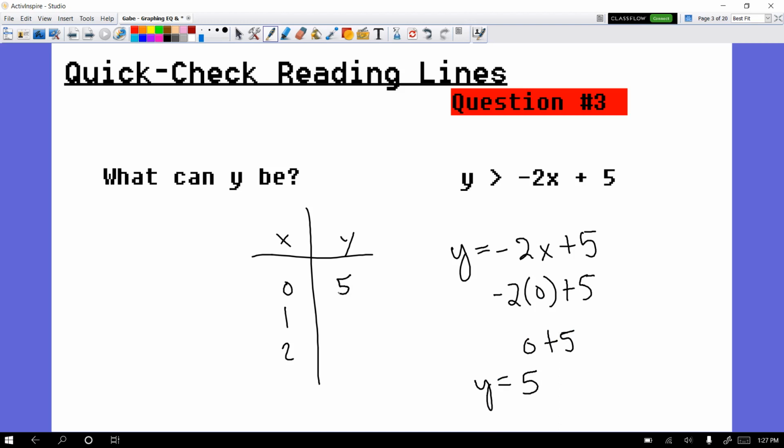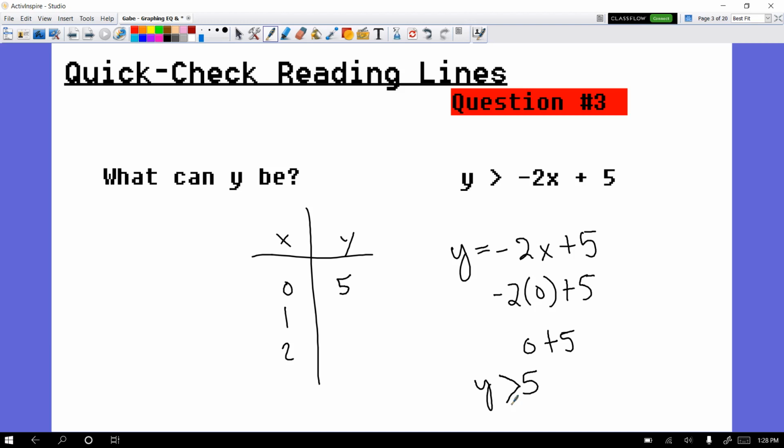Okay, now let's take this idea of subbing and do the same exact thing with the inequality. So I'm going to erase this part right here, and I'm going to put the inequality that we originally had. Okay?